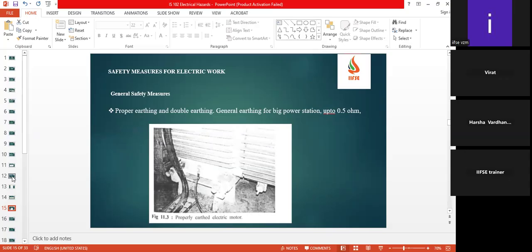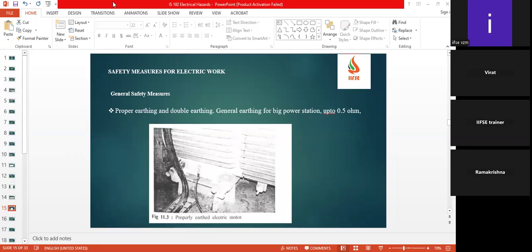So let us come to safety precautions, the earthing and double earthing. General earthing for a big power station is up to 0.5 mega ohms. So why do we need earthing? Any guess? What is the importance of earthing? Static, sir. Static generation. Okay.